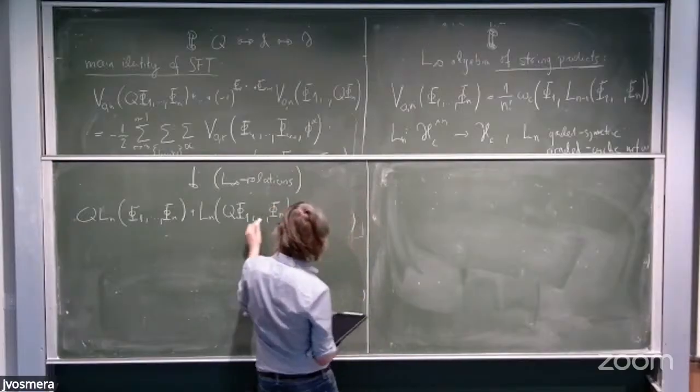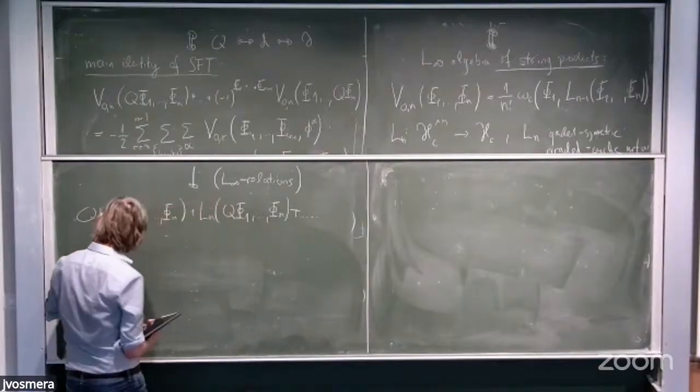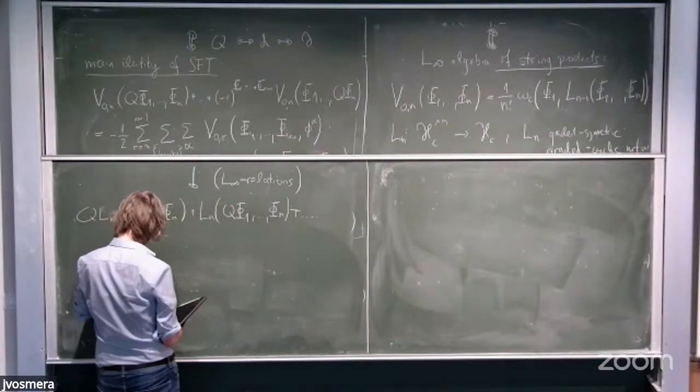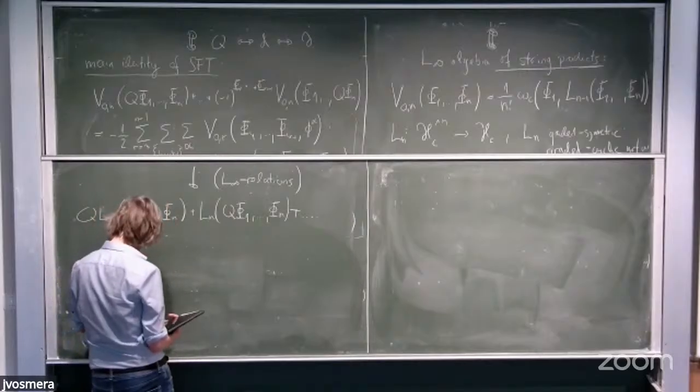And with the plot, there will be a final term where the Q acts on the final puncture. So let me just not write it. And then on the right-hand side, I will have some nested products.